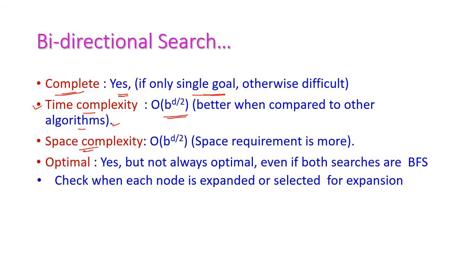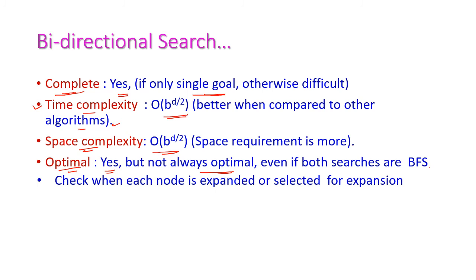Space complexity is order of b power d by 2, and sometimes the space requirement is more. And optimal, yes, this is optimal, but it is not always optimal even if both searches are BFS. If there is more than one goal state, then this is not optimal.